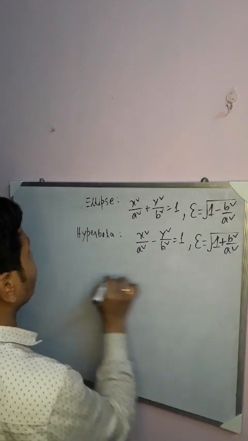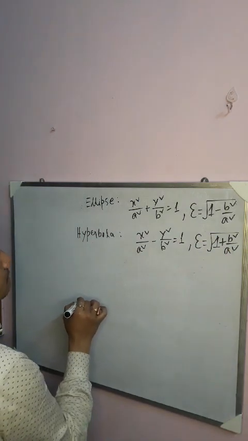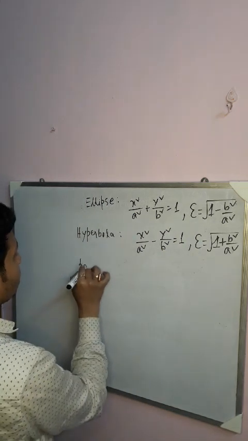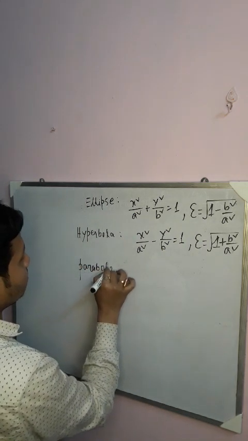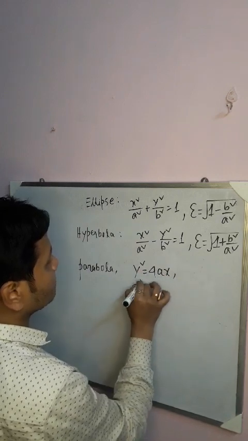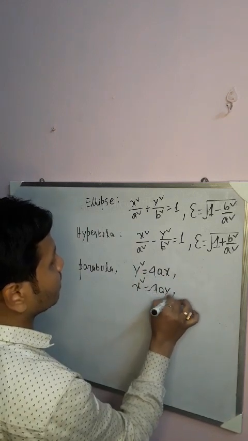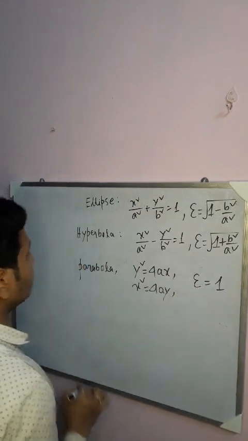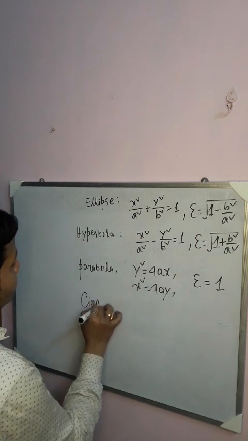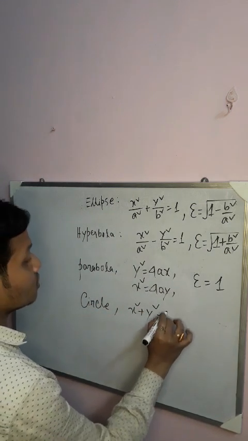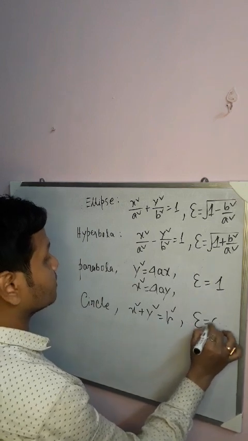You must remember this. For a parabola, the equation is y square equal to 4ax, or x square equal to 4ay depending upon the axis. Here the eccentricity is 1. For a circle, the equation is x square plus y square equal to r square, and the eccentricity is 0.